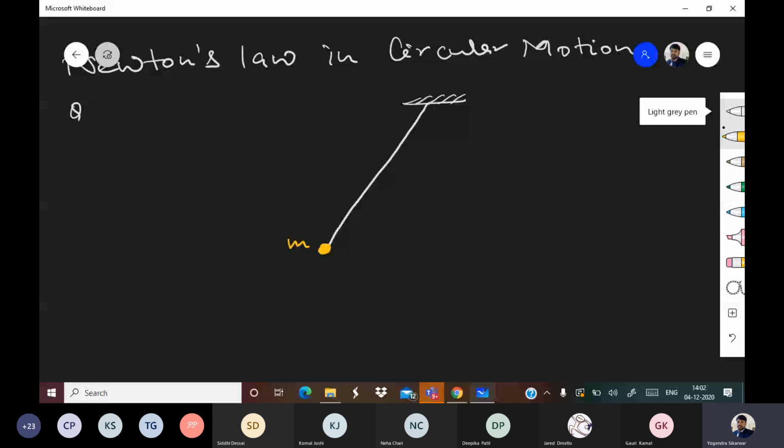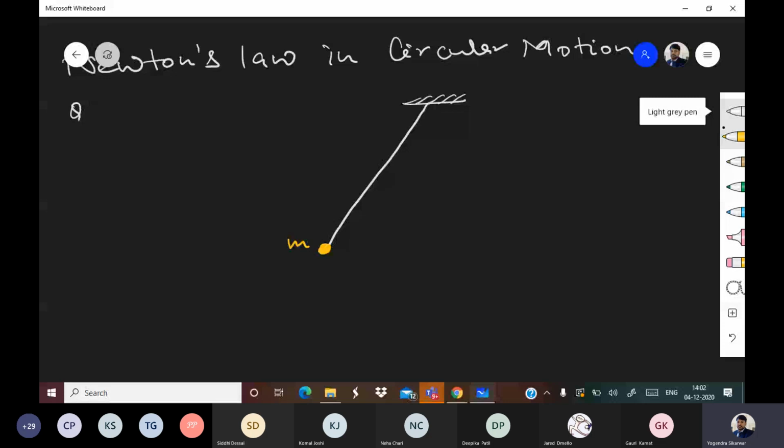Now this object is moving in a horizontal circular path, as you can see. So the object is here and this is the string.